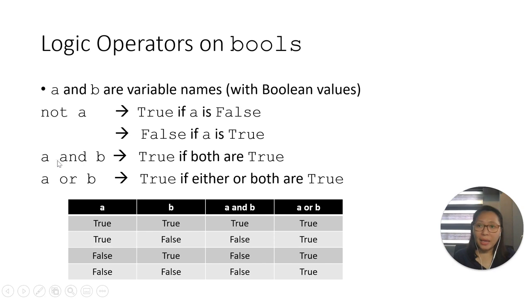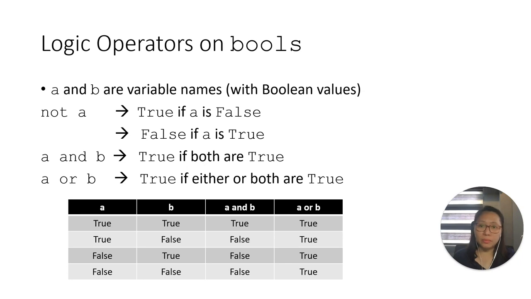And a and b, where a and b are both Boolean values, gives us true if both a and b are true, and a or b gives us true if either or both are true. Take note that the keywords are not, and, or. The table is here for and and or, in case you would want to see the table.